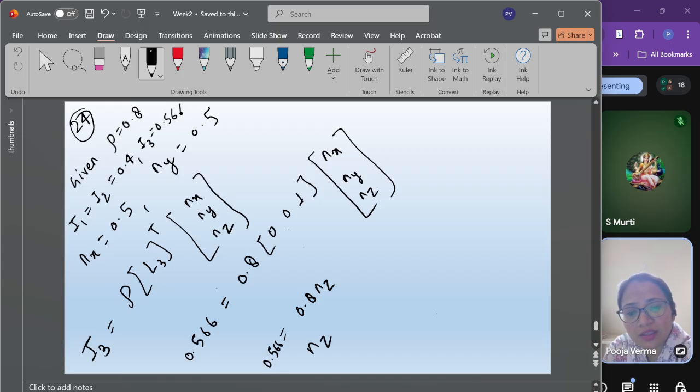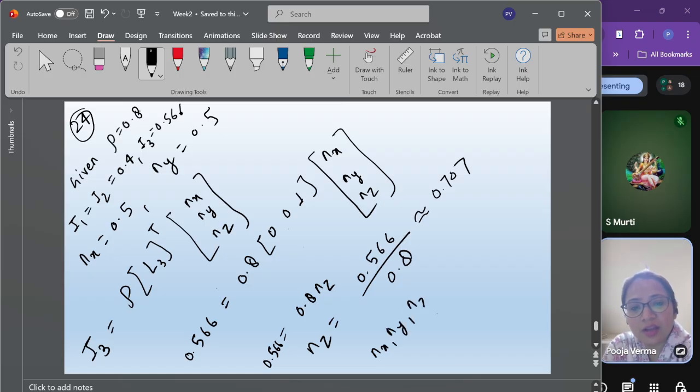So nz is 0.566 divided by 0.8, which is approximately 0.707.